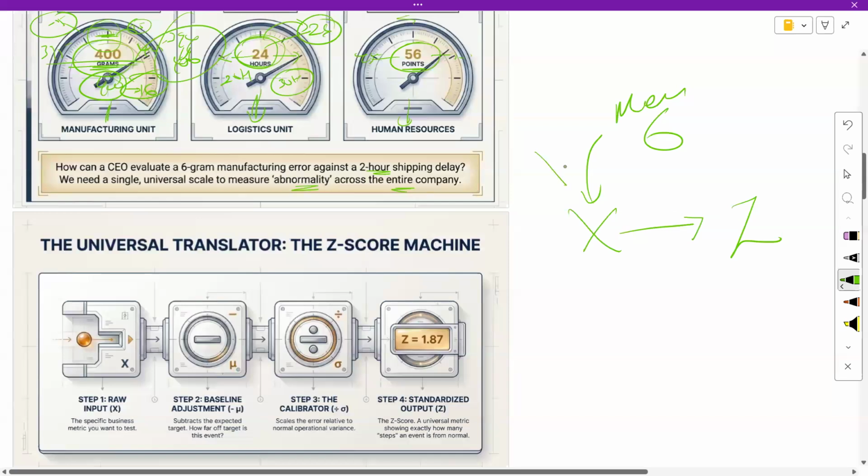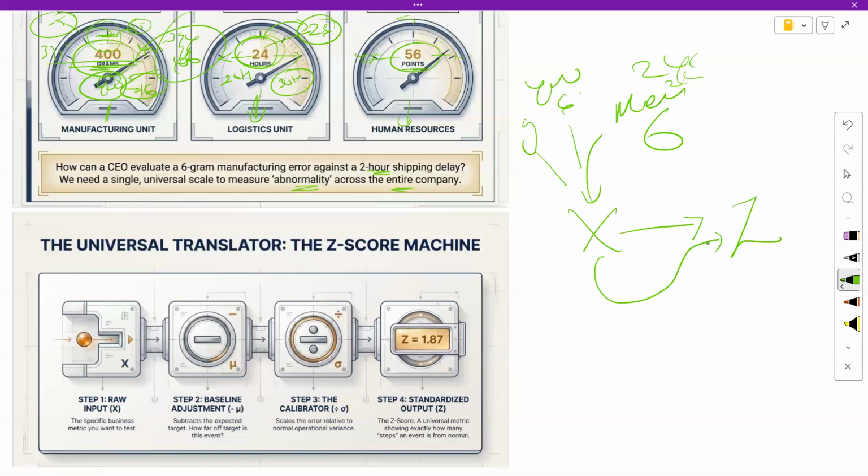For the manufacturing of milk packets, it has 400 grams with 6 variation, and delivery time has a mean of 24 hours, with a 2-hour delay difference, right? So it has different things. Then we have to convert them. Z is standardized. X becomes Z.